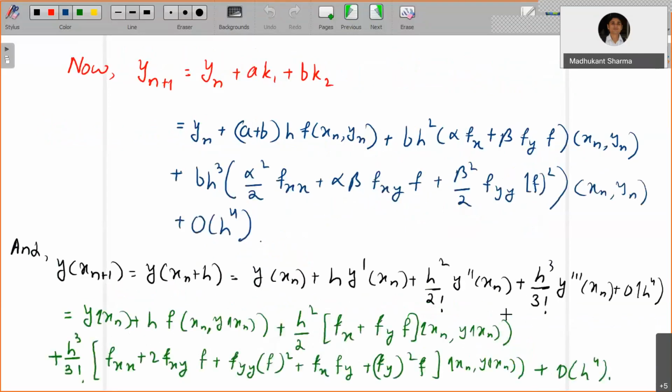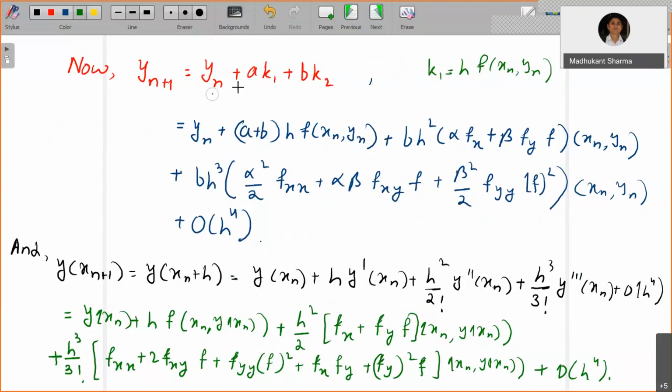Now substitute: yn plus 1 is equal to yn plus a k1 plus b k2. So yn plus a times k1, and k1 is h times f of xn comma yn.